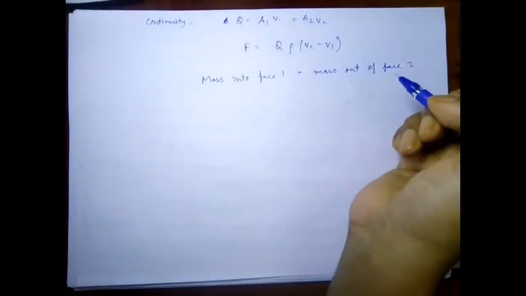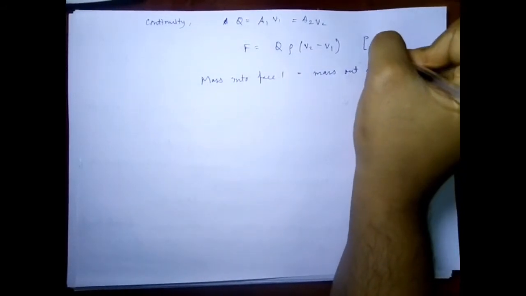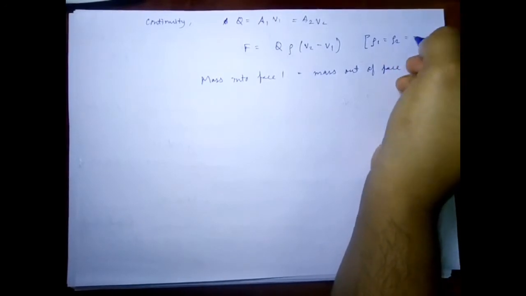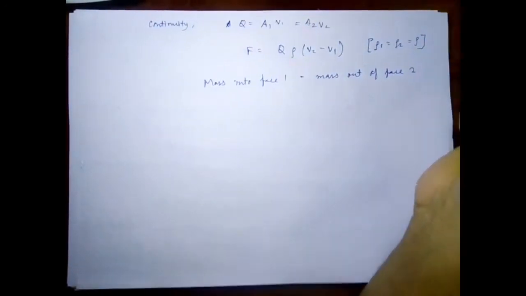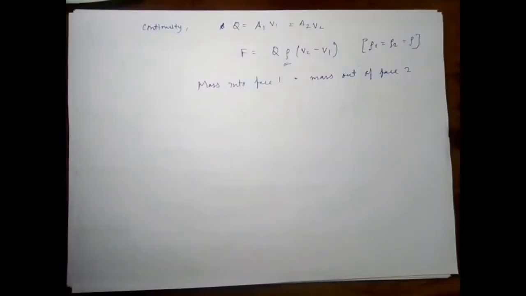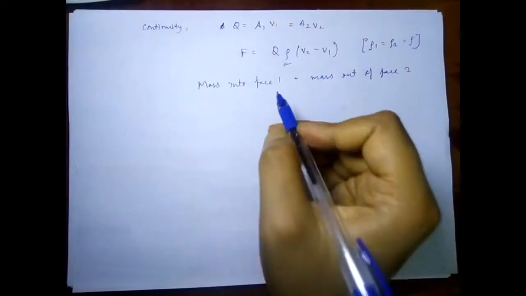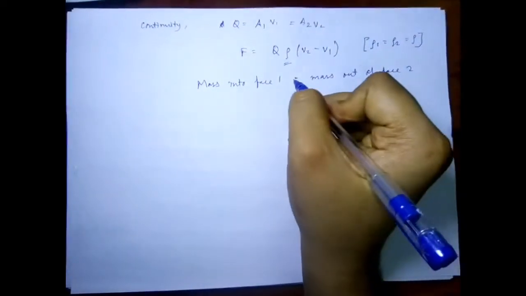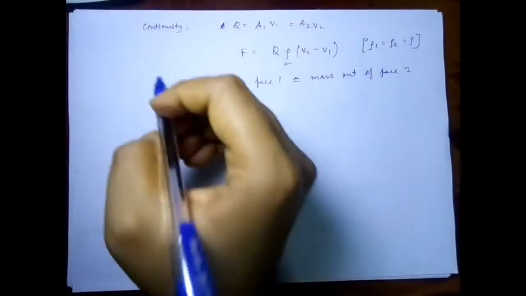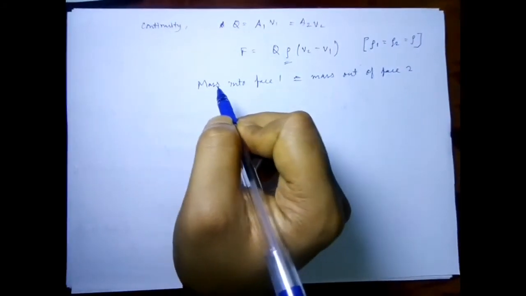And also we will consider that in practical cases rho 1 is equal to rho 2 is equal to rho, and therefore I will use only one density. In practical cases there is very little chance of change in the density, and therefore the rate of mass into phase 1 is equal to the mass out of phase 2, just by the conservation of mass principle.